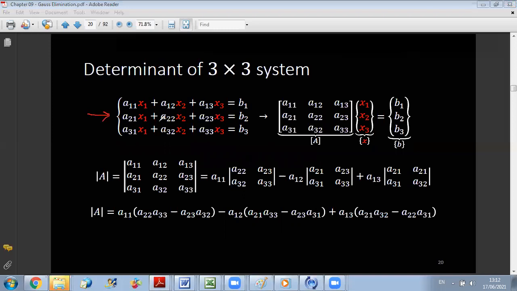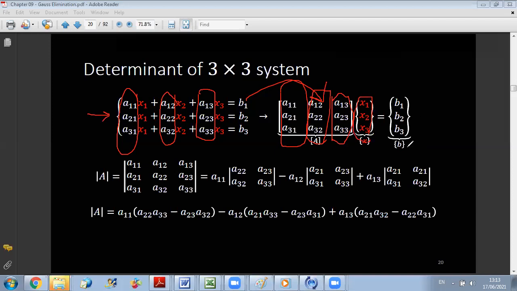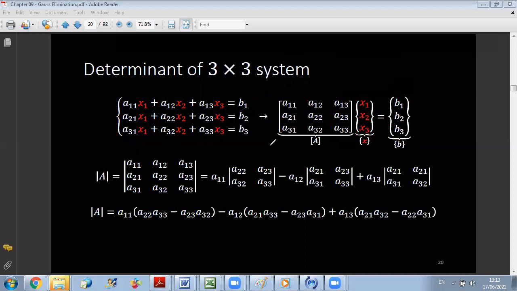Let's say you first want to transform from the linear system to the form A times X equals B. First, the coefficients of x1 will constitute the first column, the coefficients of x2 will constitute the second column, and the coefficients of x3 will constitute the third column, times the variable column x1, x2, x3, equals the results column b1, b2, b3.